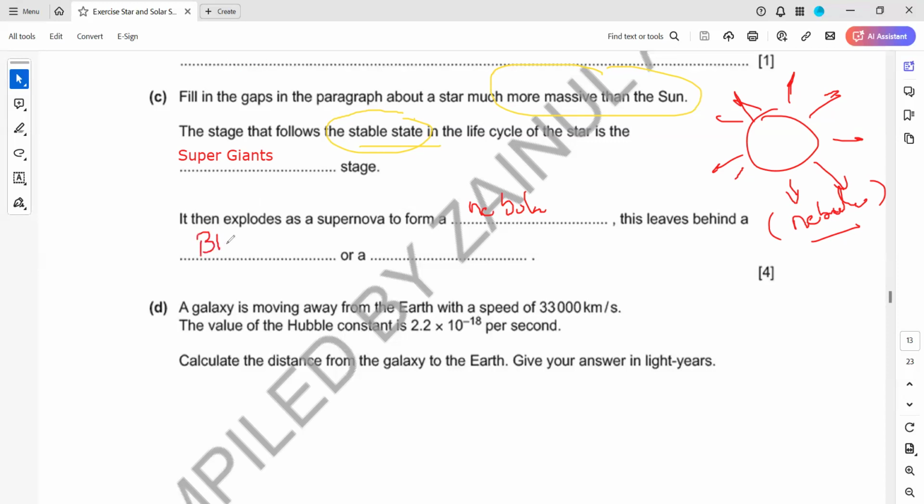It will leave behind a black hole or a neutron star. So the supergiant turns into an explosion, a supernova happens, and because of that we get a nebula, where a new star can start to form in that region. But because of the high mass and very strong gravity, it might turn into a black hole or a neutron star.